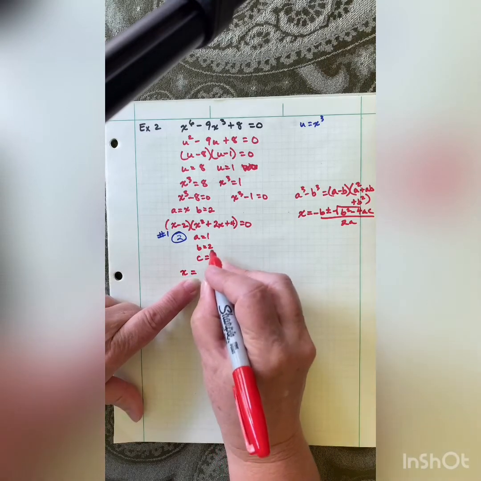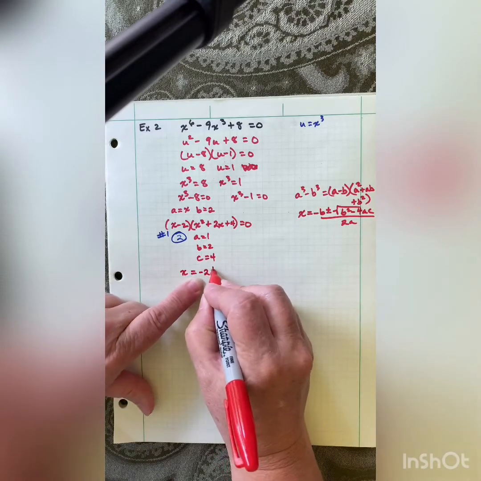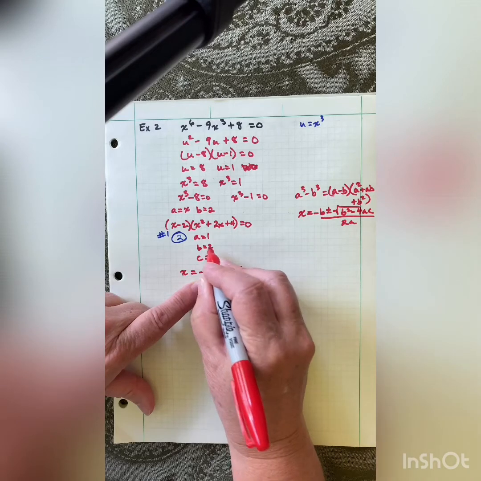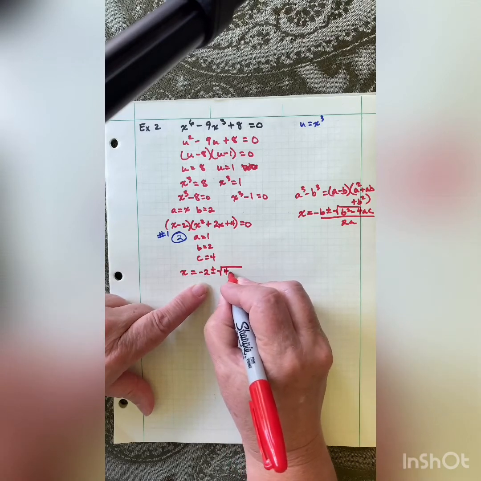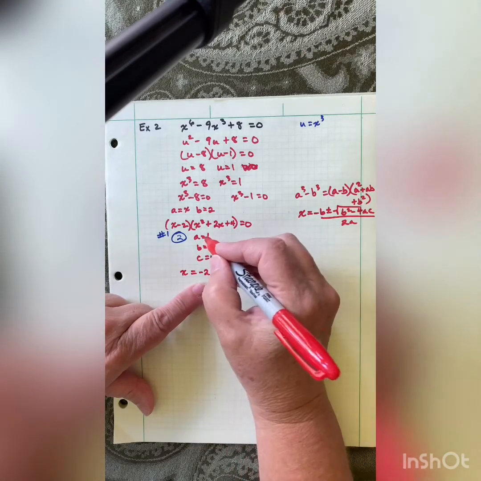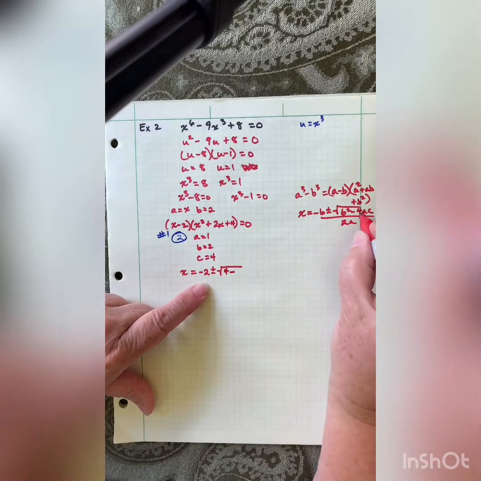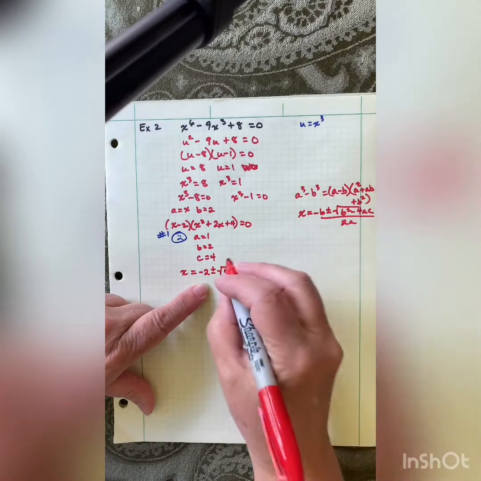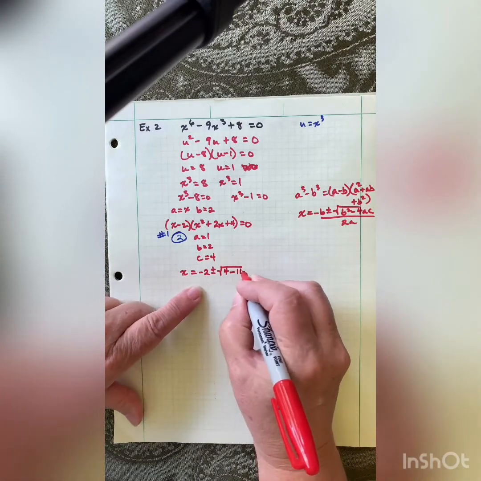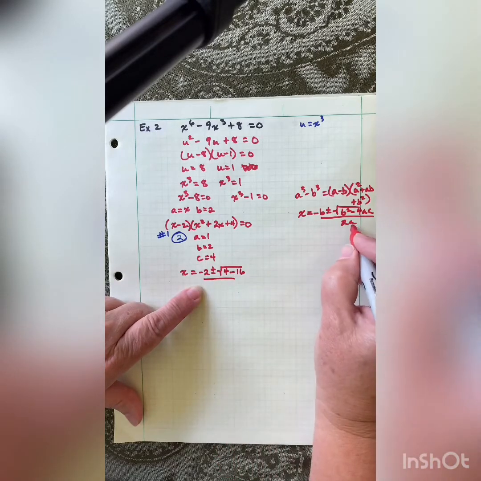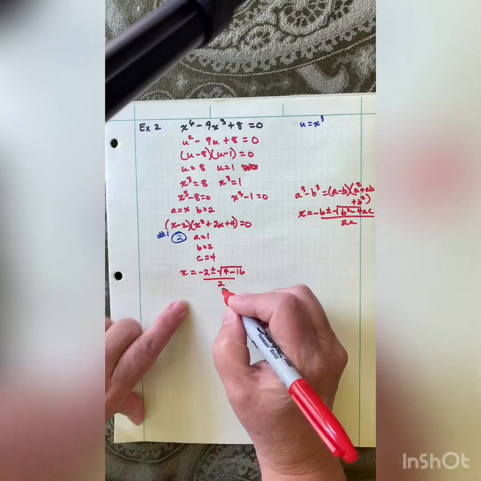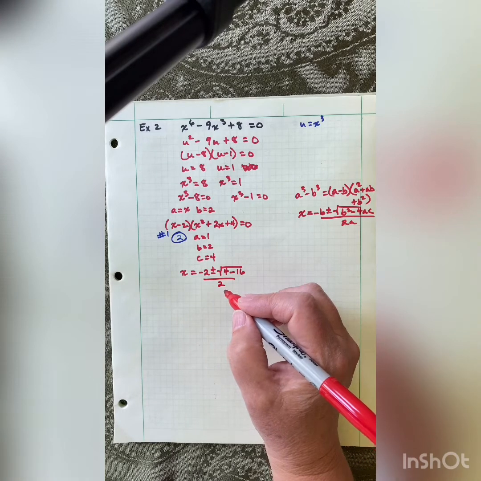So x equals the opposite, plus or minus, square it. This gives me 4 times that negative 4, so that's going to be negative 16, over 2a, so over 2. Okay.